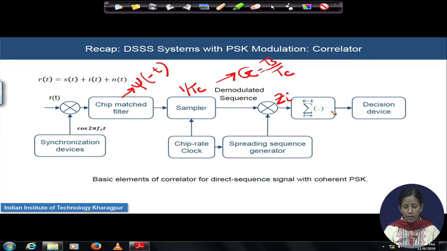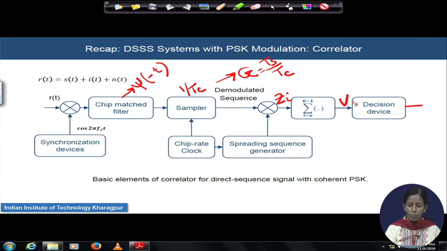When the Zi are summed over the G samples, with i varying from 0 to G minus 1, you end up with the signal V, which enters the input of the decision device.